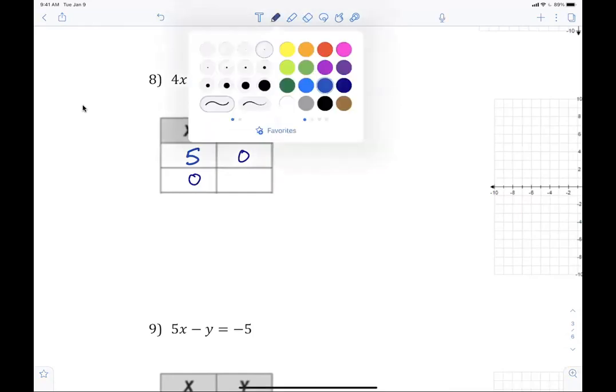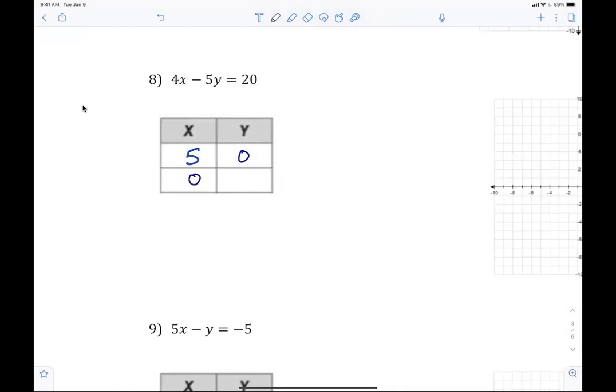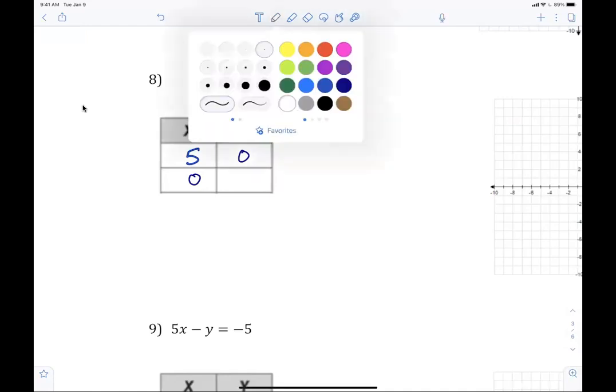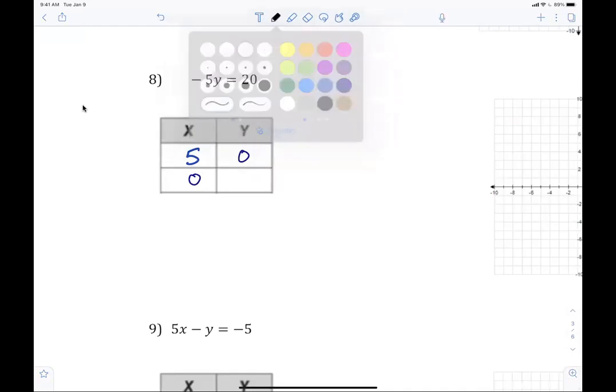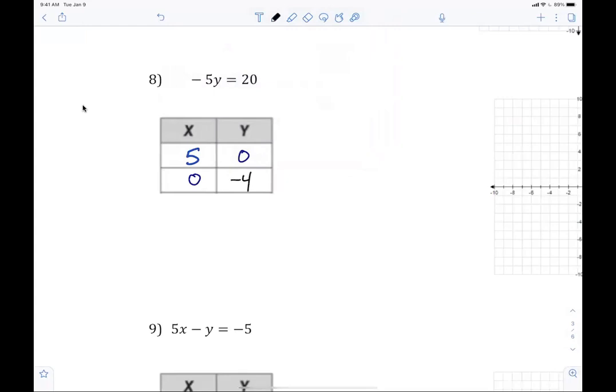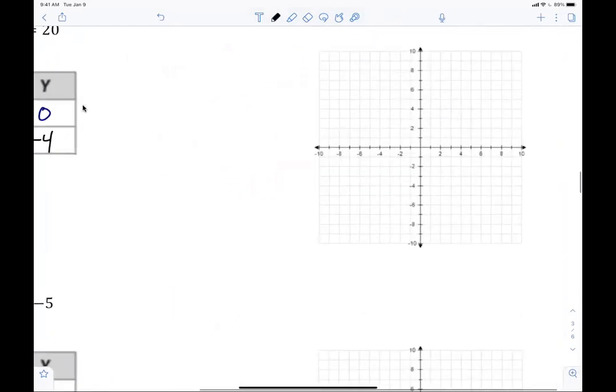And now x is 0. So now y equals what? -4. And now you plot those points. 5, 0, 0, -4. Graph the line. And we are amazing.